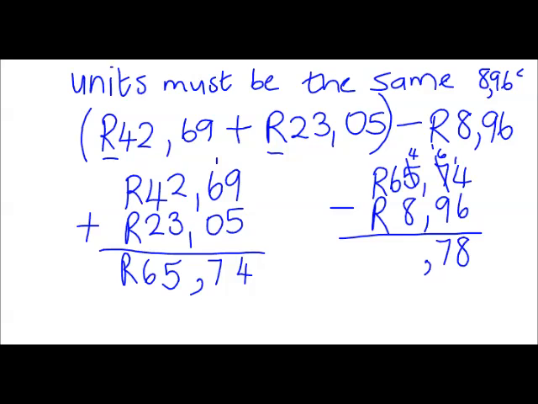Your bonds, people, your bonds. 6 becomes 5. 14 take away 8 is 6. 5 take away nothing, 5. So it's 56 Rand 78.